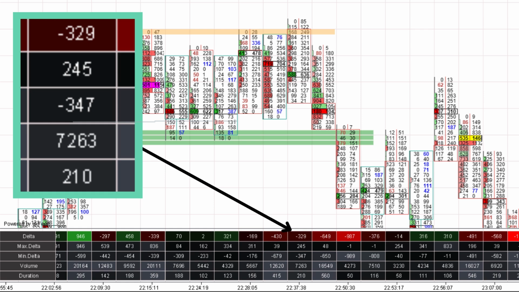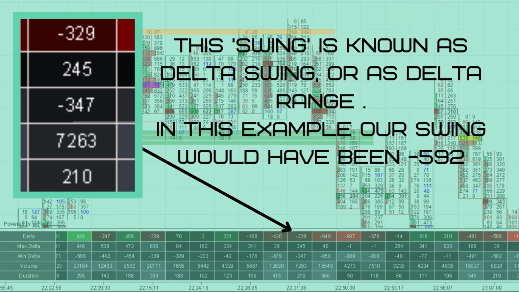Not the highest in this range, but this is the push that tried to break out. Then we can ascertain that sellers came in pretty hard, because we swung from 245 to -347, and we closed with a delta of -329. This signals to me that this might be the top, or at least for now.